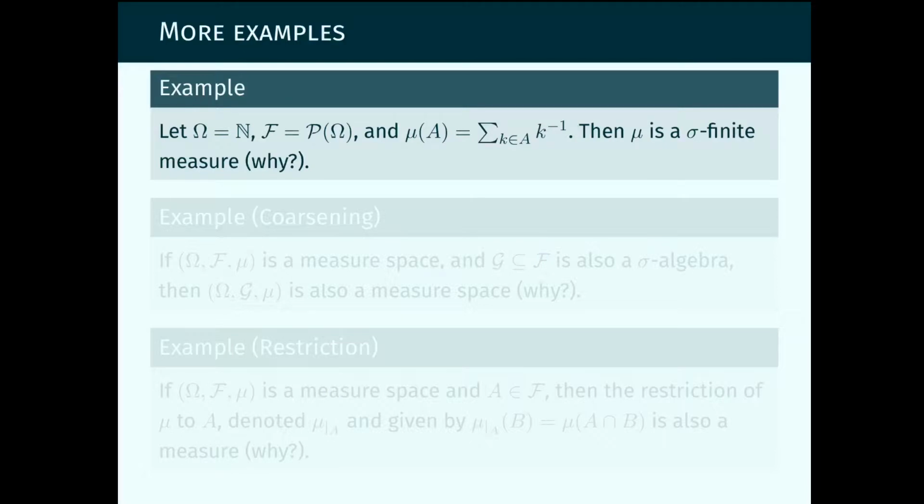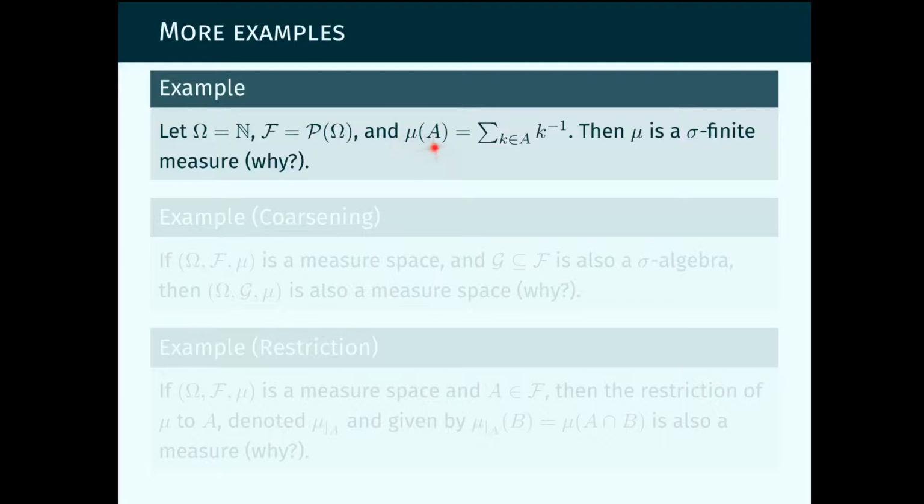Let's see some examples of measures. Let's take omega as the set of natural numbers, excluding 0. F to be again the sigma algebra of all subsets of the natural numbers.